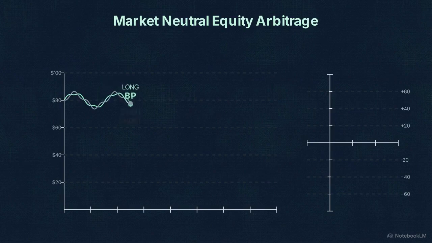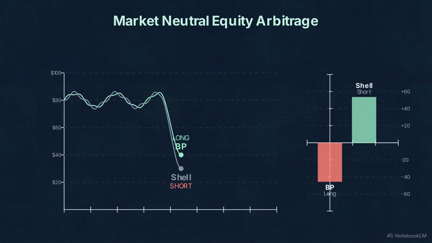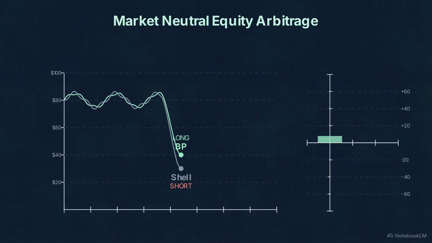They might take a long position in one major oil company, like BP, while simultaneously taking a short position against a competitor, like Shell. If the entire energy sector collapses, the losses on the long position are offset by the gains on the short position. The broad market beta mathematically cancels out, leaving only the narrow performance difference. The manager has isolated pure stock-picking skill, known as alpha.